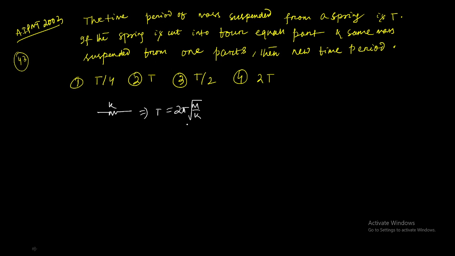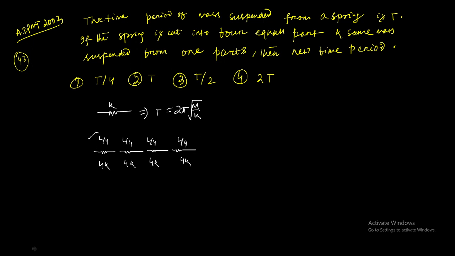Now they are cutting it into 4 parts. So each has length L by 4. If the length is L by 4, the spring constant will be 4K, 4K, 4K, 4K.